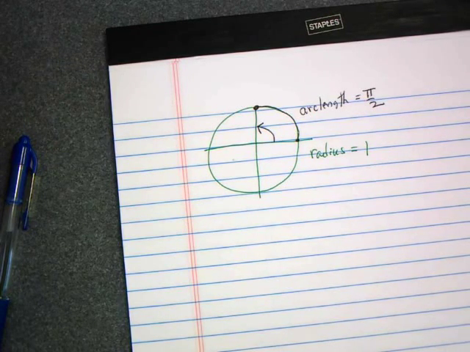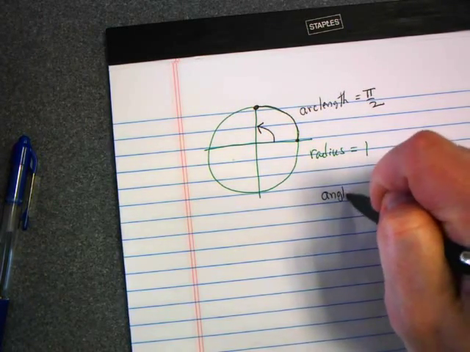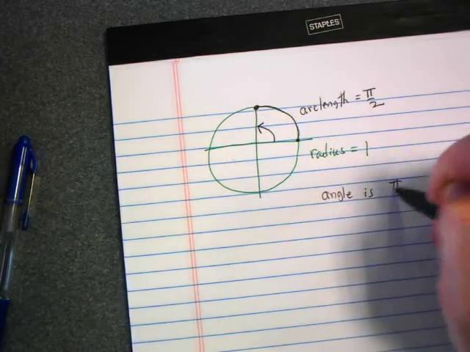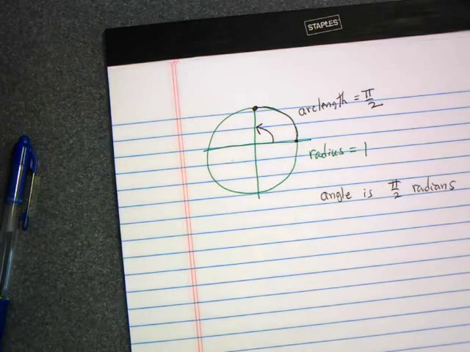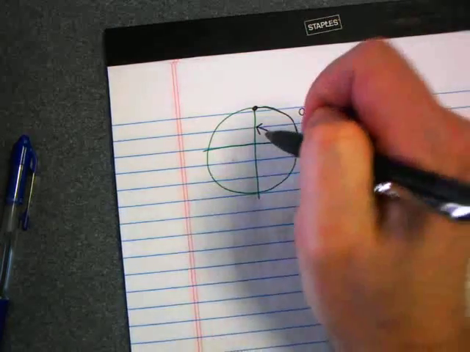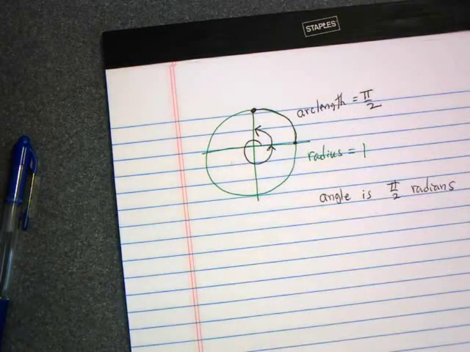I'll give you a hint. The answer is written up there. The angle measurement right there, that angle is pi over 2 radians. When you're dealing with a circle of radius 1, the arc length and the radians are exactly the same. So, what's the arc length for going all the way around a circle of radius 1? 2 pi.